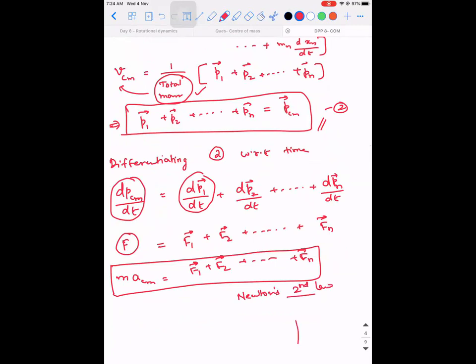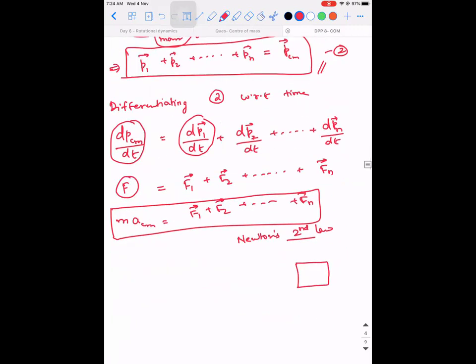So till now, when we solved a problem, let's say there is a block that is moving. Let's say I'm applying a force which is sufficient enough and its mass is m. Then we are writing F is equal to ma, right? This acceleration we are talking about is nothing but that of its center of mass, because logically think, this block also would have been made up of many particles. So what do you mean by m?